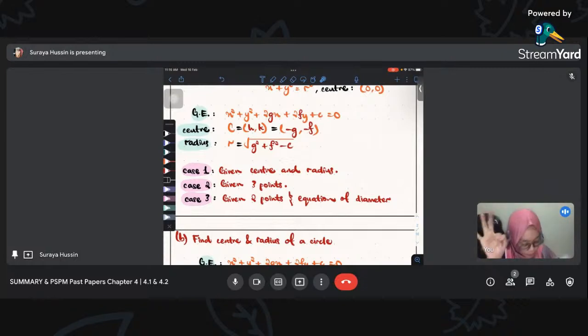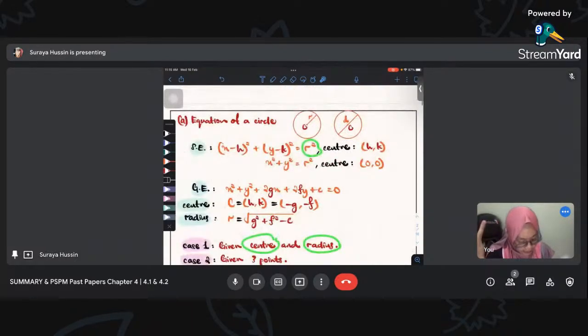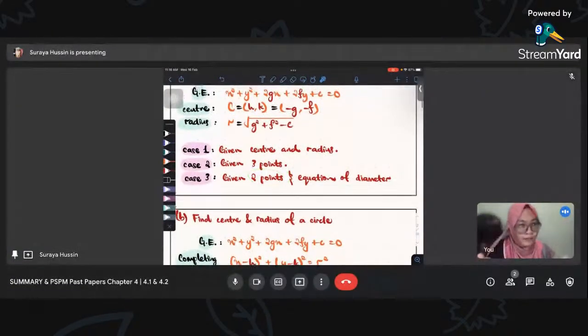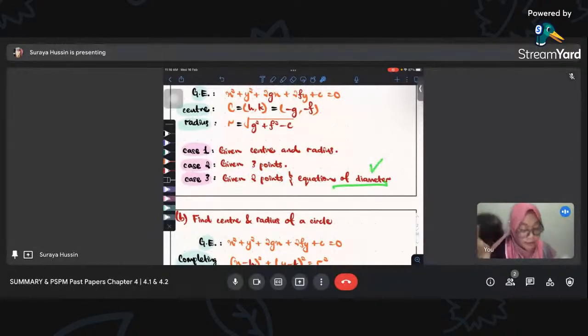Oh, kalau aku ada 3 point, aku boleh cari equation of circle. Oh, kalau aku ada center, aku ada radius, aku pun boleh cari equation of circle dengan senang. Oh, kalau aku ada 2 point dan aku ada equation of diameter, no problem.